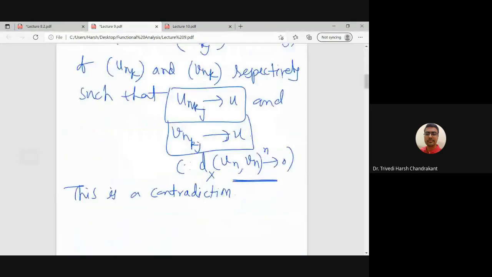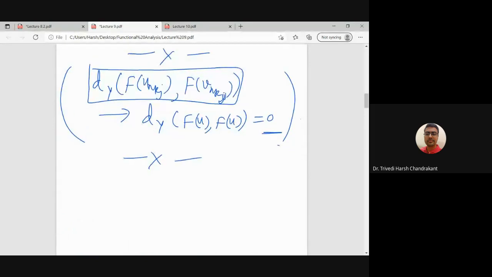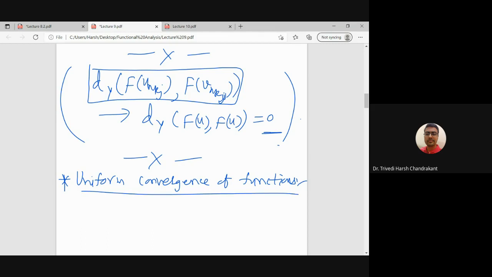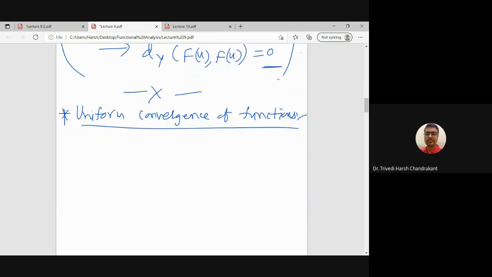Okay, so today we are starting a new topic, that is uniform convergence of functions. I guess that you must have studied this also in Analysis 1, but let us quickly revise this.